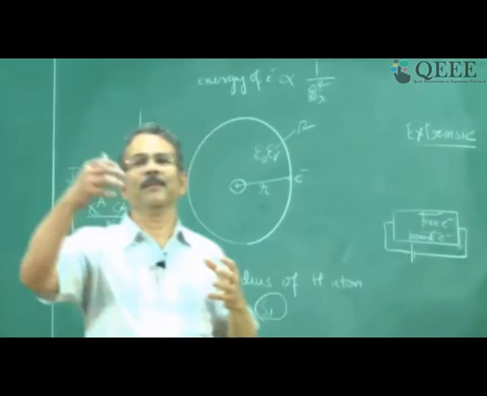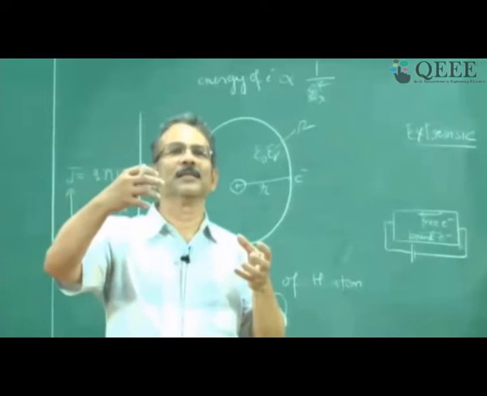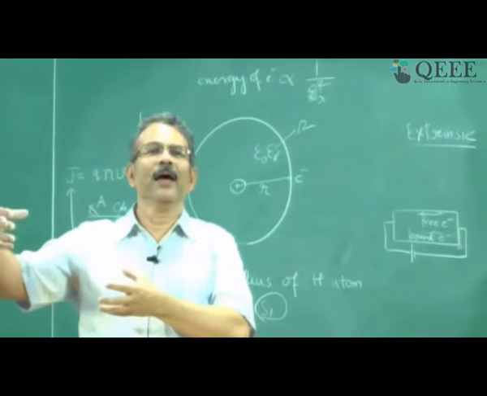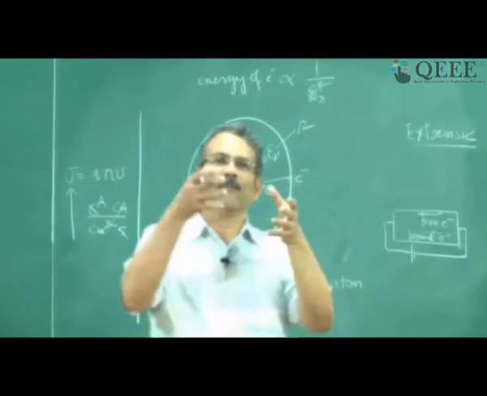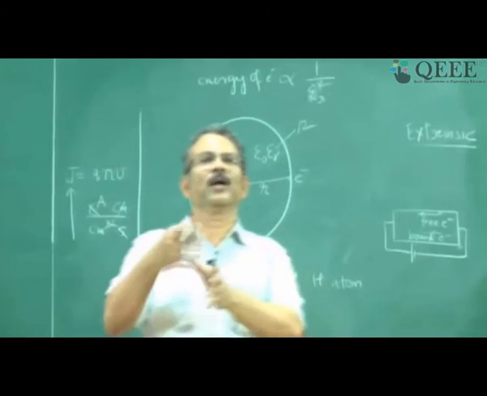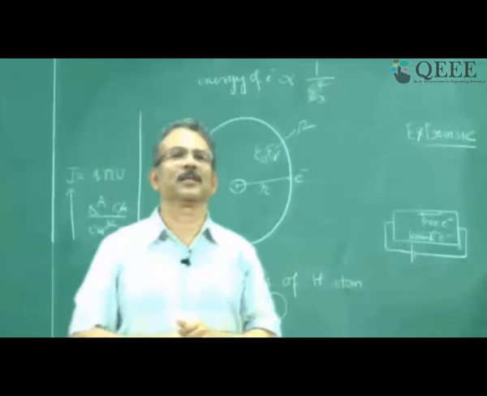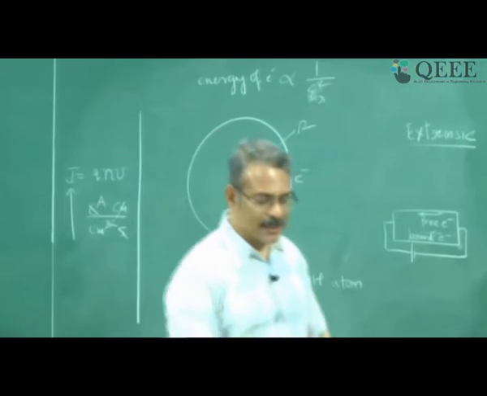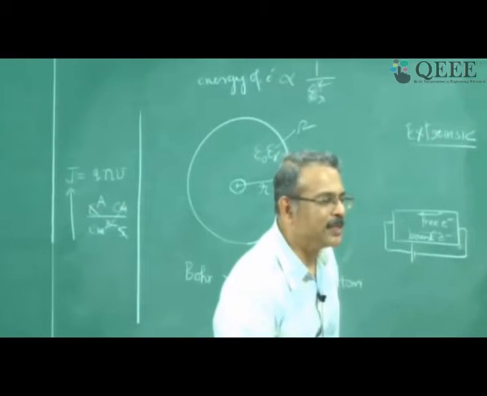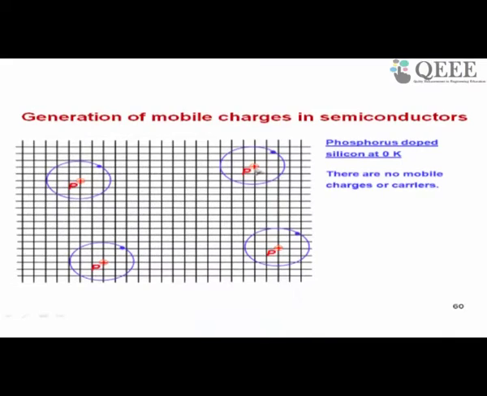So the bonding energy between the electron and the nucleus in vacuum is 144 times more than in silicon, or the bonding energy in silicon is 144 times less because of the dielectric constant than in vacuum, right? So that is why the bond energy between this electron and this phosphorus atom is very, very small. Silicon to silicon bond energy is 1.1 electron volt.